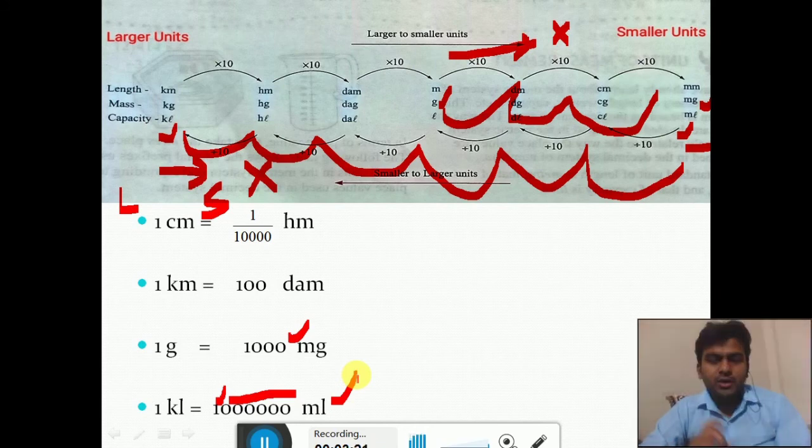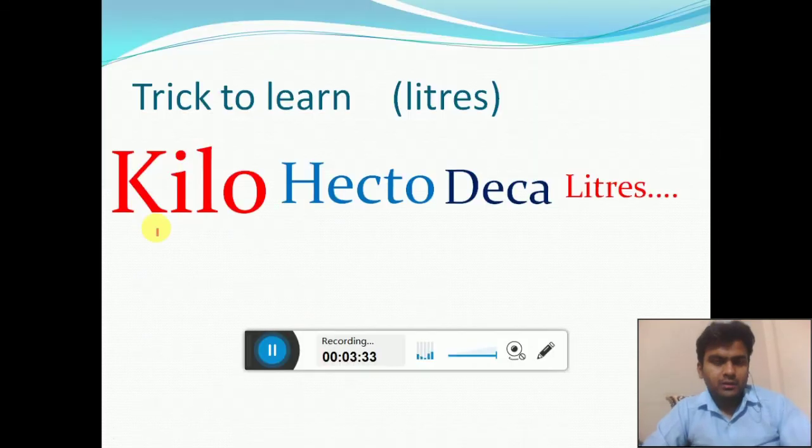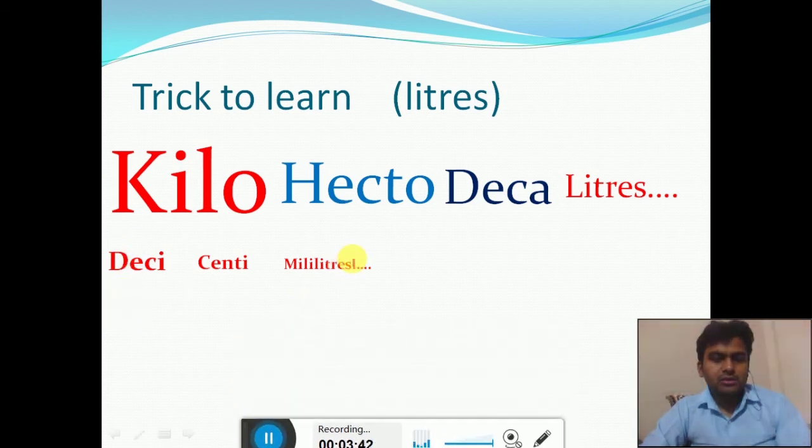I hope you understood this diagram and also understood how to convert one unit into another unit. And that poem I told you: kilo hecto decaliter deci centi milliliter. Learn this poem.